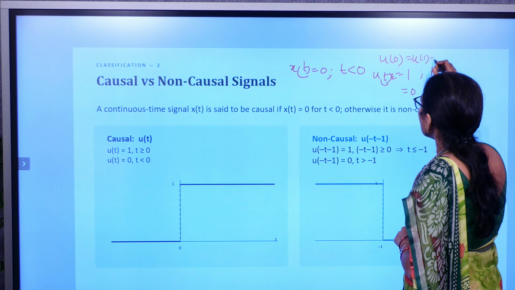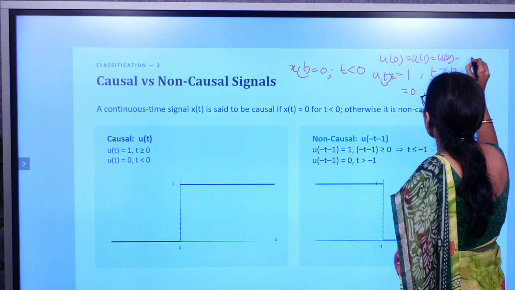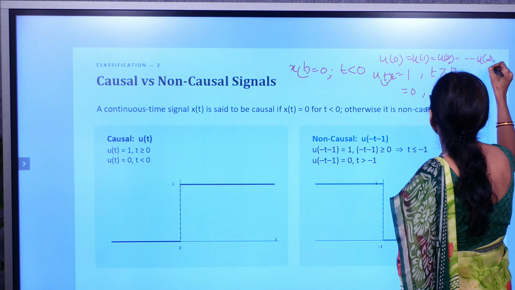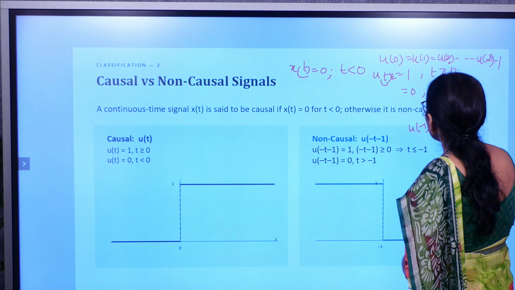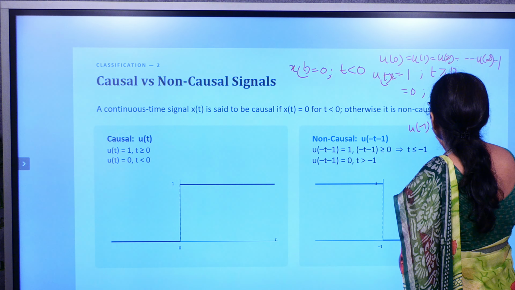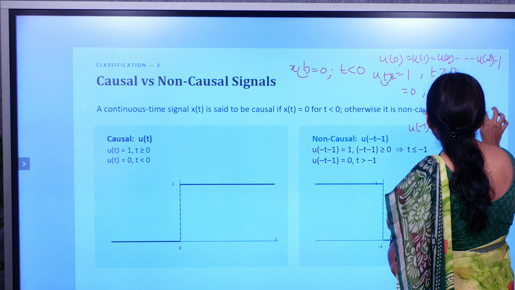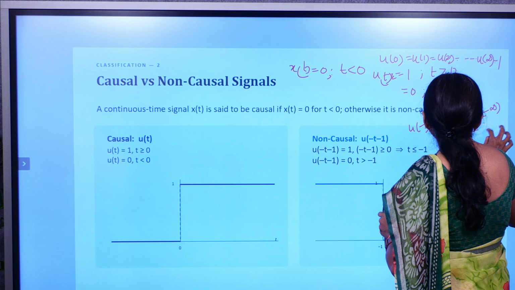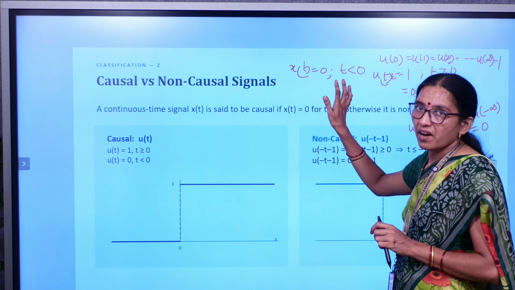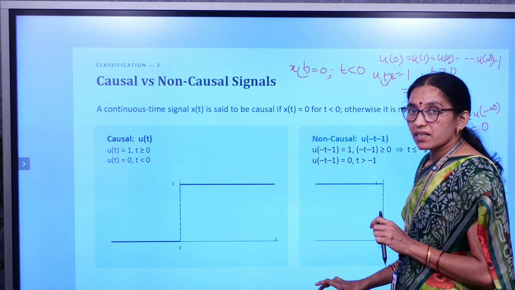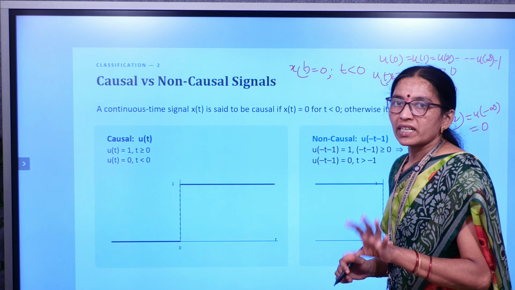Means u of 0, u of 1, u of 2 up to u of infinity is 1. Similarly, u of minus 1, u of minus 2 and u of minus infinity is equivalent to 0. So here causal signal exists only for positive values of t. Best example for causal signal is unit step signal.